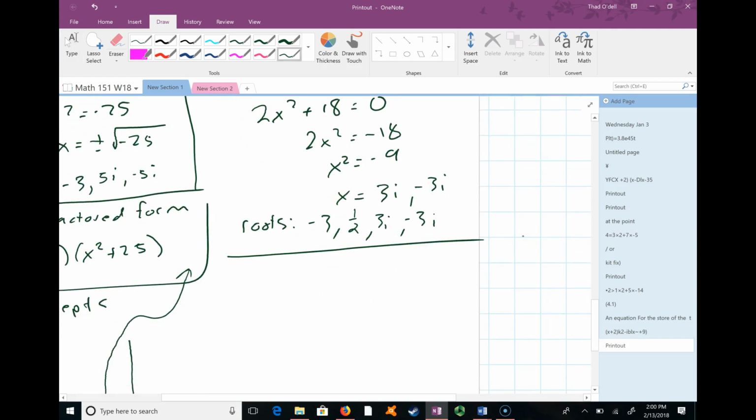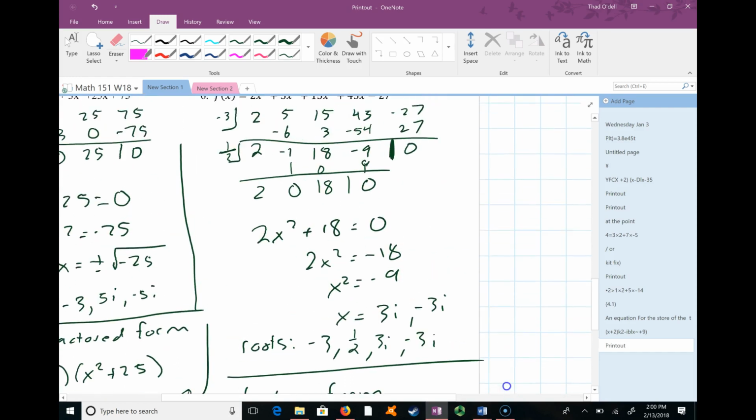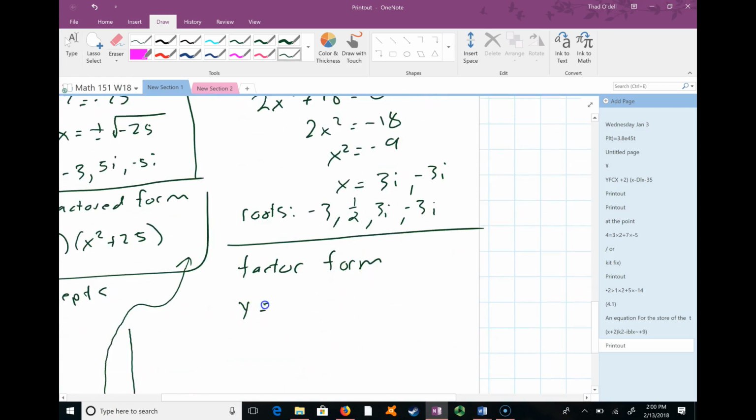Very nice. If I was to write this in factored form, again, this is not asked on this sheet, but I'm doing this to show you other questions I could ask. I got -3, so that would be x plus 3.